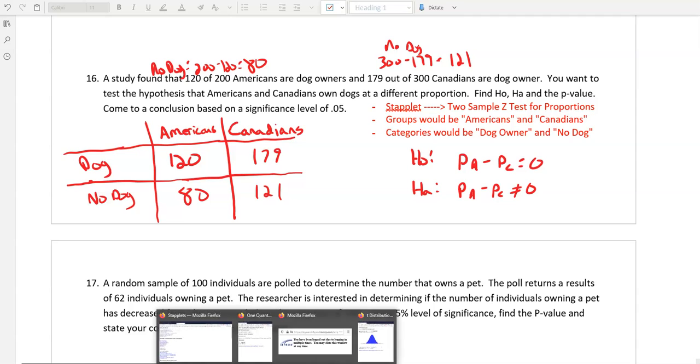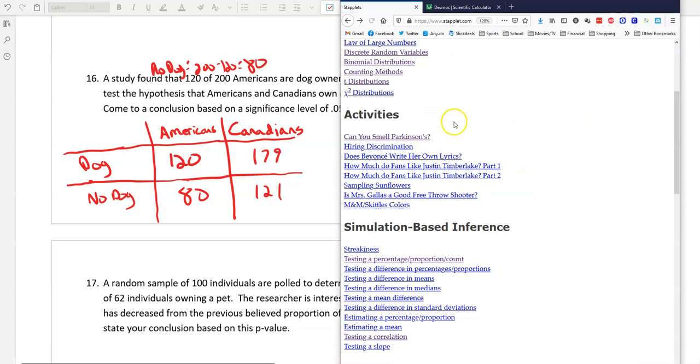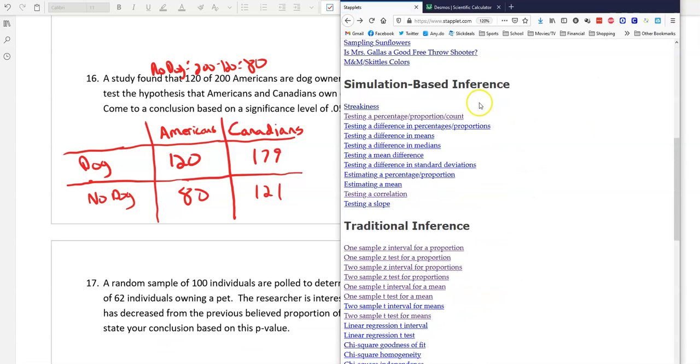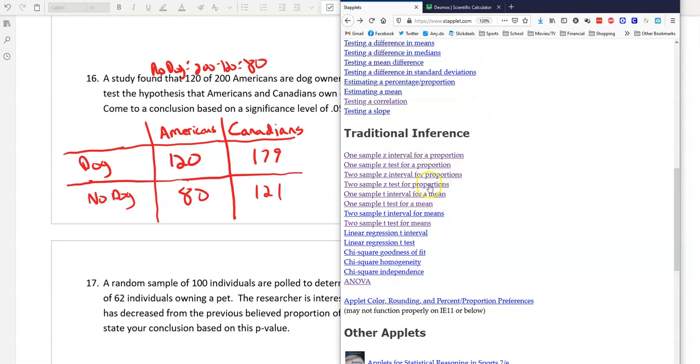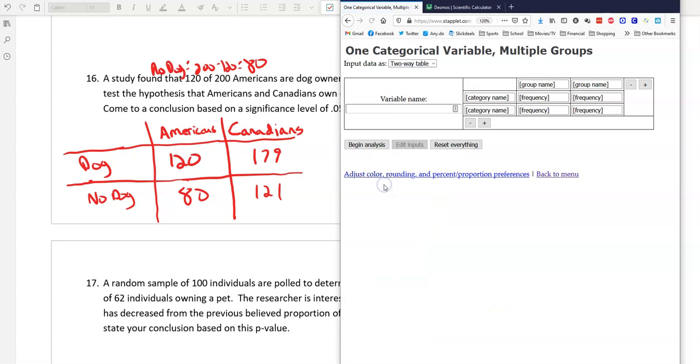So I'm going to pull up Statlet here, and it's going to be a two-sample z-test for a proportion. We're doing a test this time, not an interval. So a z-test. And my groups are Americans and Canadians. And my categories are dog owner and no dog.